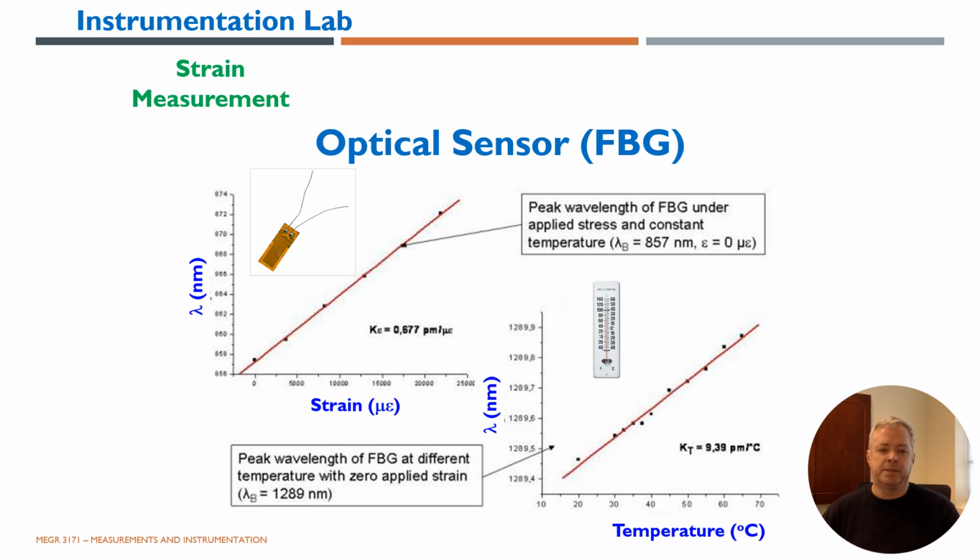And I think this is the calibration curves a lot of these sensors work on. You have to calibrate the wavelength versus the strain, or the wavelength versus the temperature. Kind of basic instruments and measurements methodology gets applied to these.